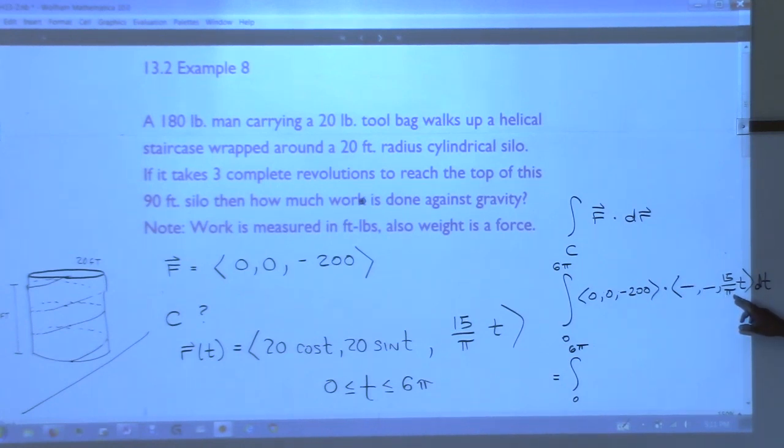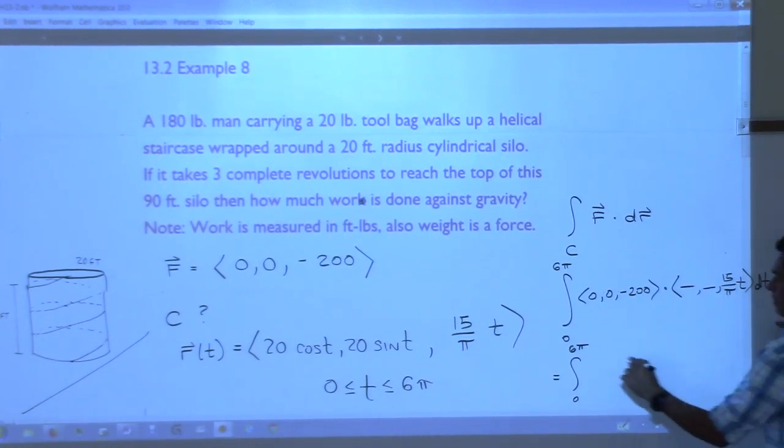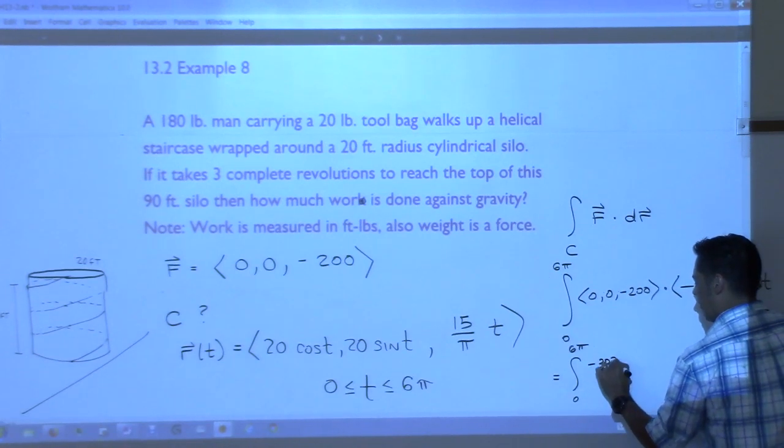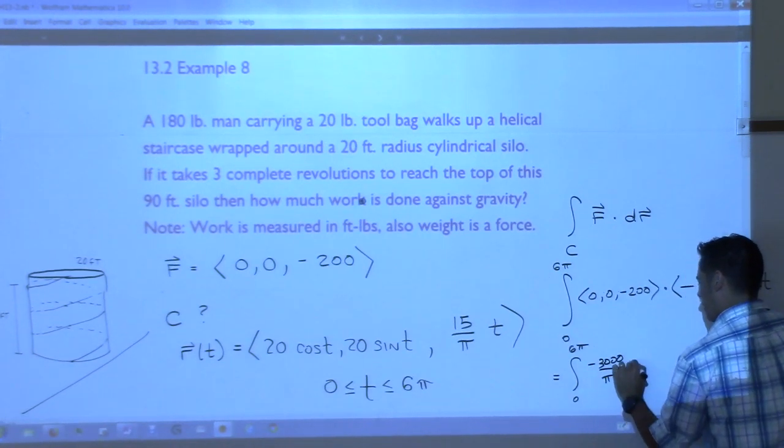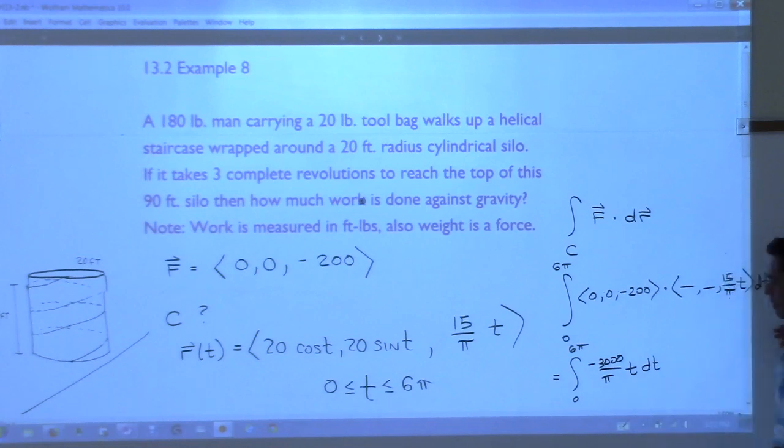What's that? Negative 3,000 over pi t dt. And now that's just a simple integral, right? Negative 1,500 over pi t squared.